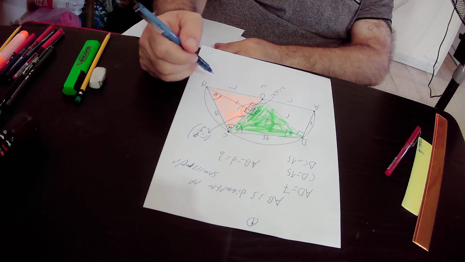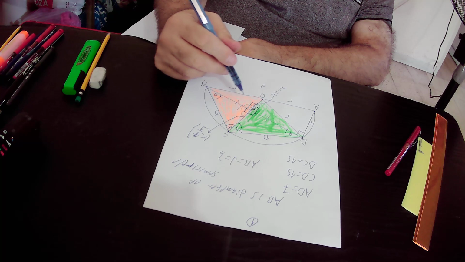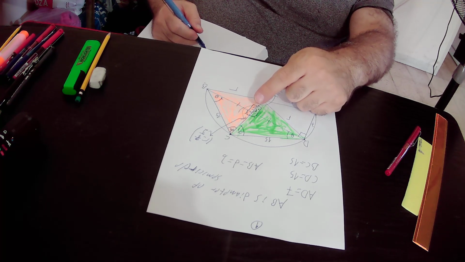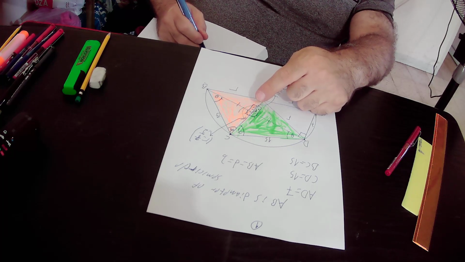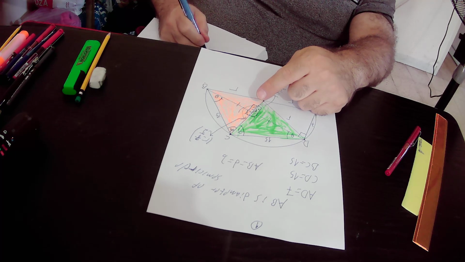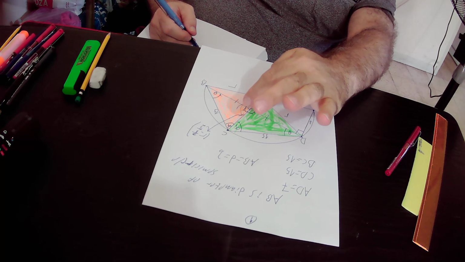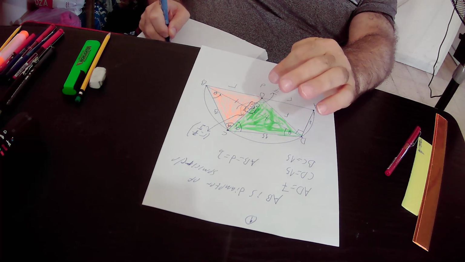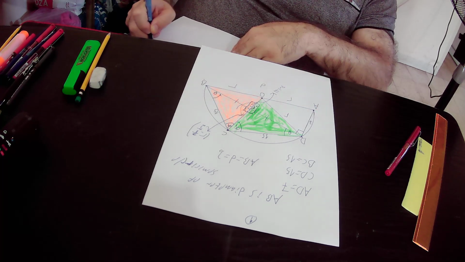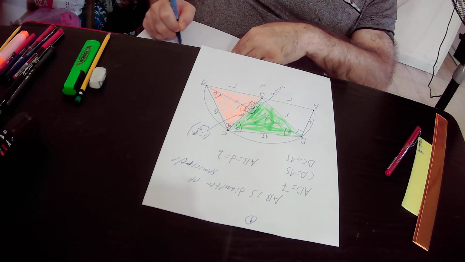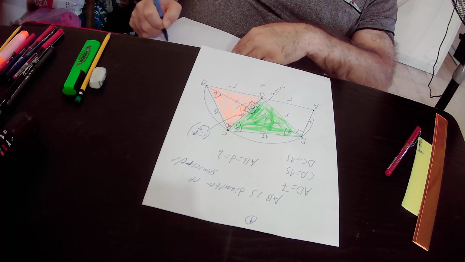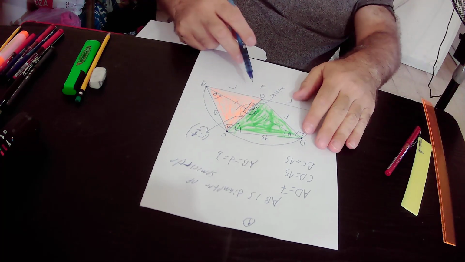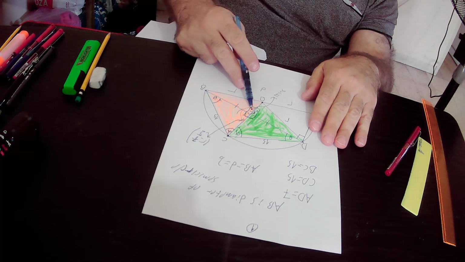So we have here two right triangles. Triangle OEB is a right triangle because angle OEB equals 90 degrees.